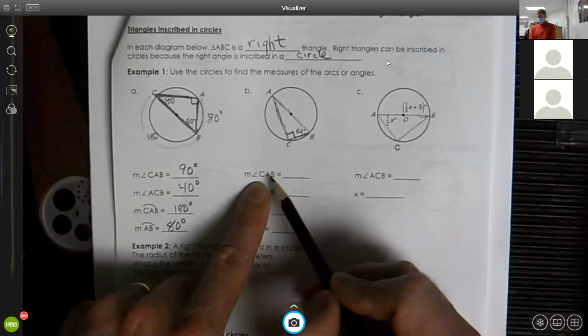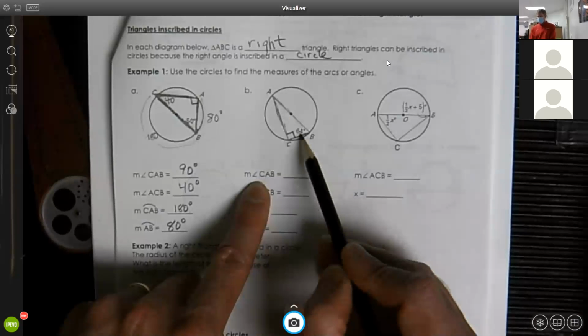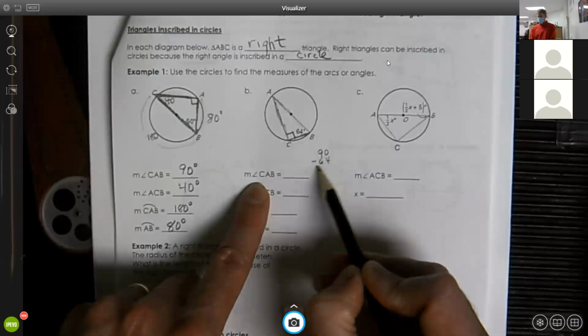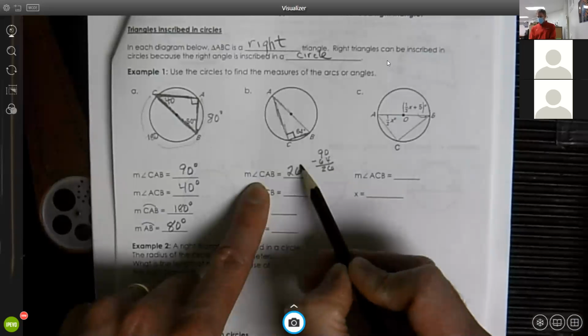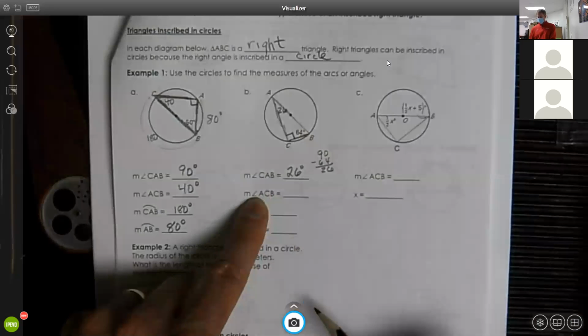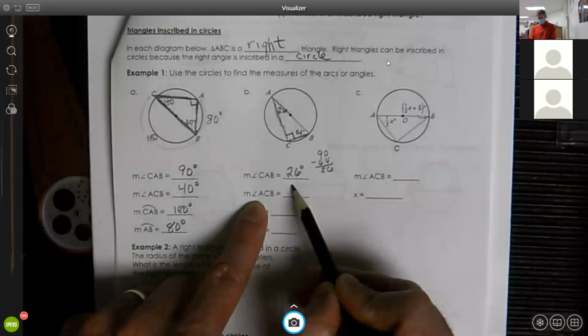And then for angle CAB, it's going to be complementary with the 64. So 90 minus 64 is going to be 26. So that has to be 26 degrees. Angle ACB, we've already talked about being 90.